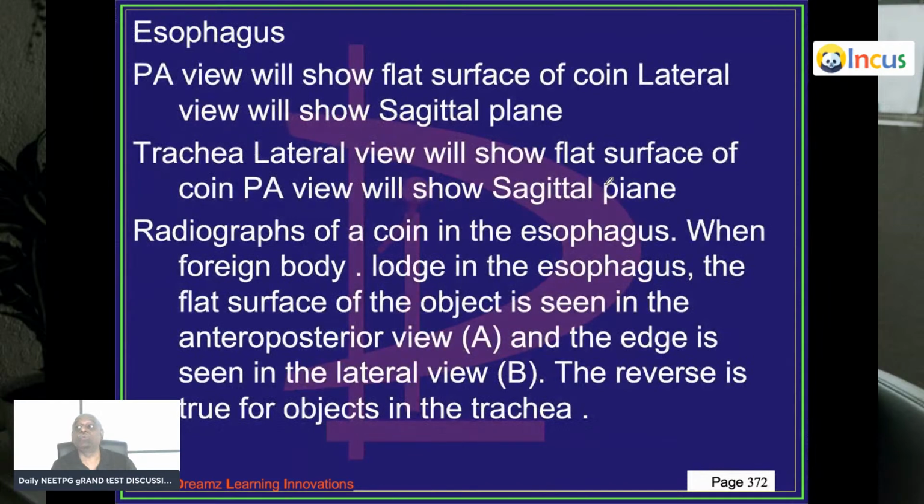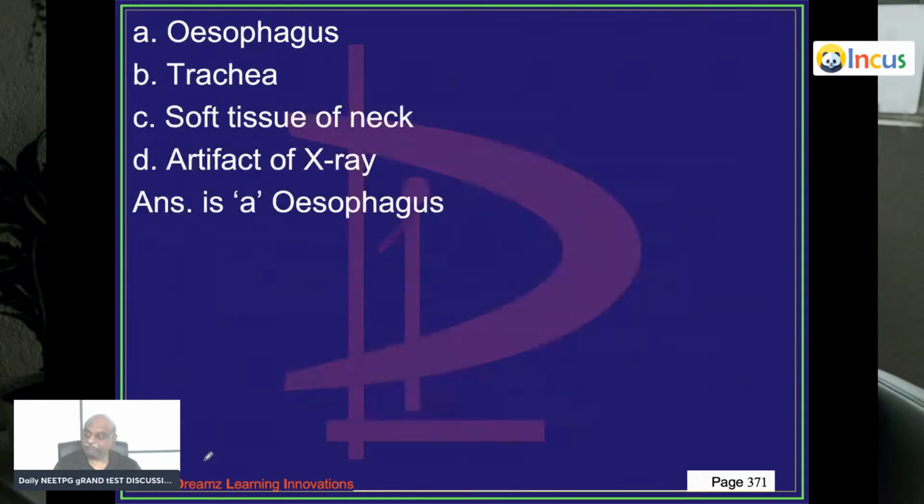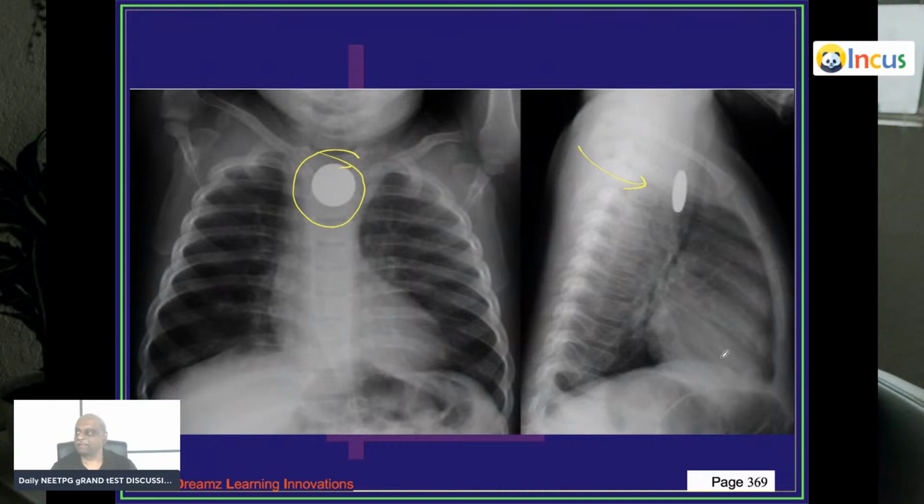When a foreign body is lodged in the esophagus, the flat surface of the object is seen in the AP view and the edge is seen in the lateral view. If you see the flat surface in the lateral view and the edge in the AP view, then that is trachea. Clear?